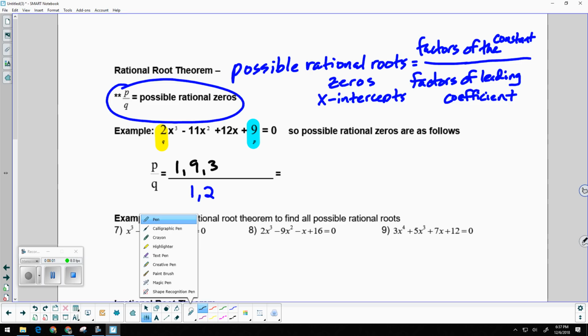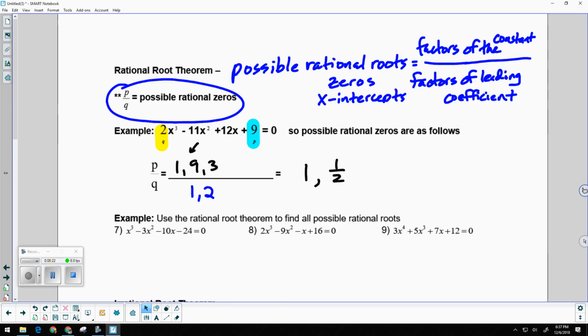Now we find the ratio of every combination. So if I start with this 1, I'm going to take that 1 and divide it by everything in the denominator. So 1 divided by 1 is 1. 1 divided by 2 is 1/2. Then I have to do the same thing with 9.